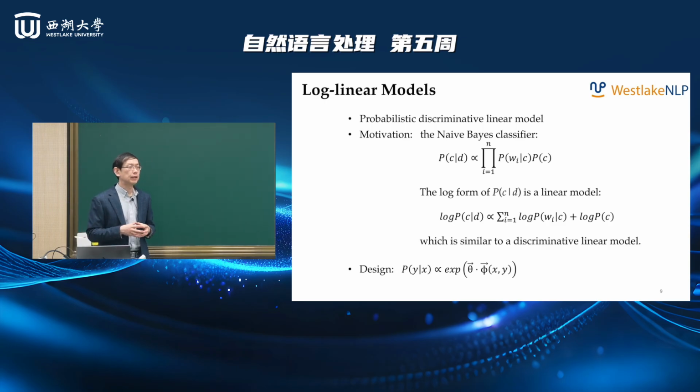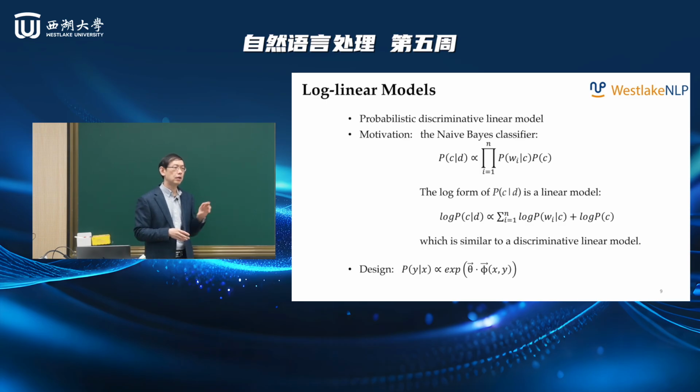Inspired by this, when we have theta dot phi as the score, could we have an exponential function that turns this into a probability? That's the basic idea. So we still have a linear model. We have theta as the parameter and phi.